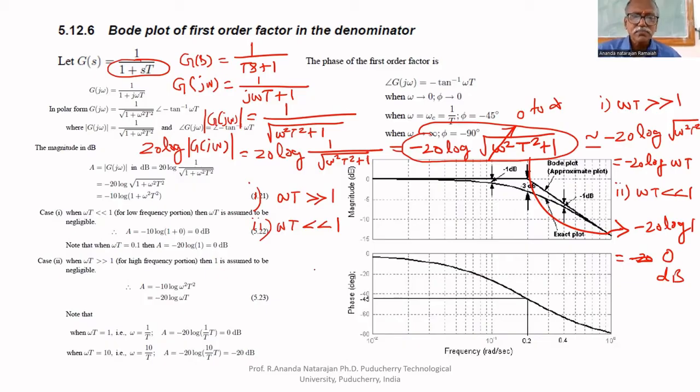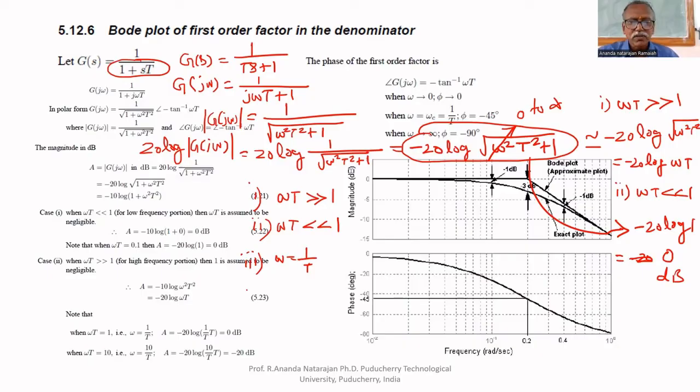Therefore, let us assume, when omega equal to 1 by tau, what will happen? That is the third case. When omega equals 1 by tau, we can replace omega tau by 1.